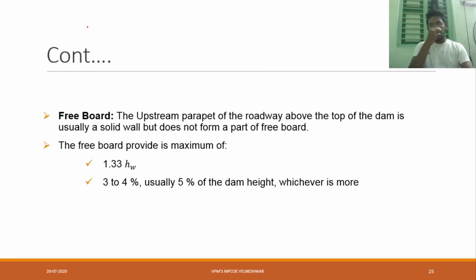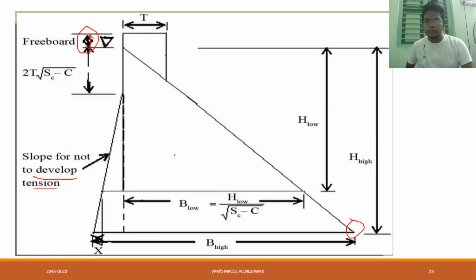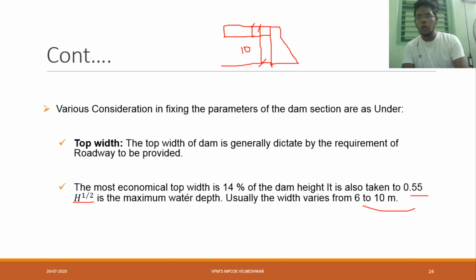Freeboard. The upstream parapet of the roadway above the top of the dam is usually a solid wall but does not form a part of freeboard. It will be like a solid wall, whether you make a masonry structure or whatever, it will be solid, and it is a maximum of 1.33 into HW. HW, see here, whether it is H high or H low.